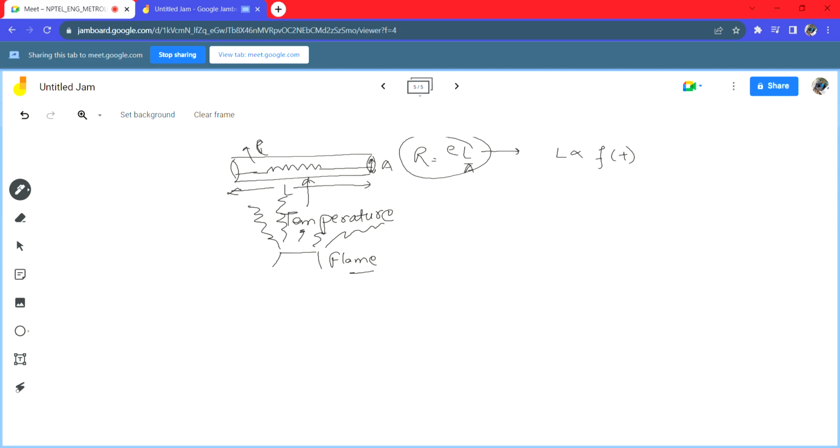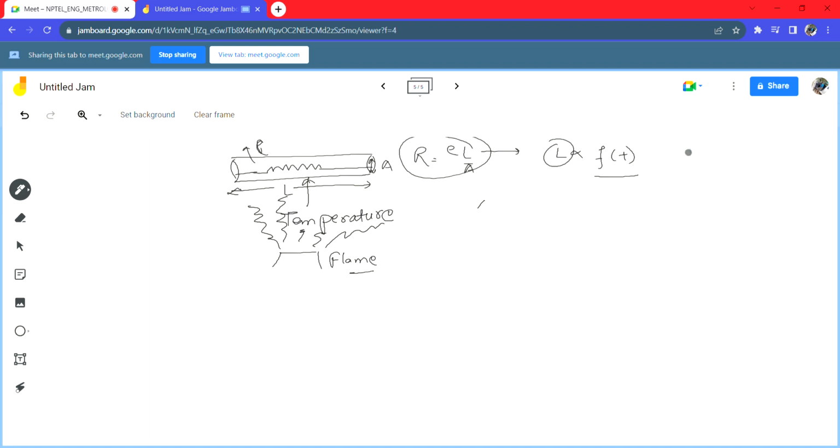So if I put this length on flame and the temperature of this material starts to rise, with this rise in temperature, because this length L is a function of temperature T, this length will start to change.